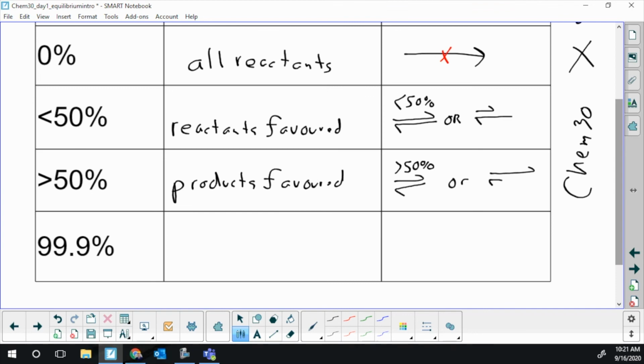So 99.9 or 100. This is all product. And that's where you use the arrow that you're used to, the one-way forward direction, and this is Chem 20. So you've left that world. You're learning new stuff about that world. You have that knowledge from Stoic.